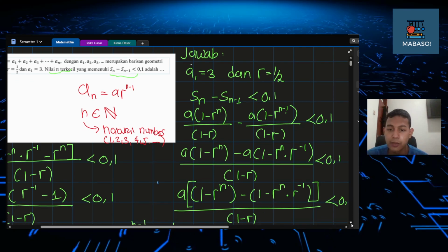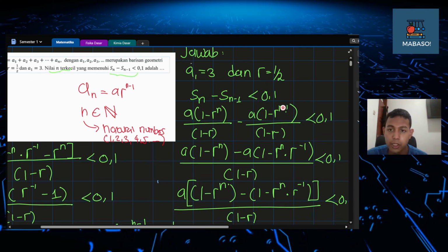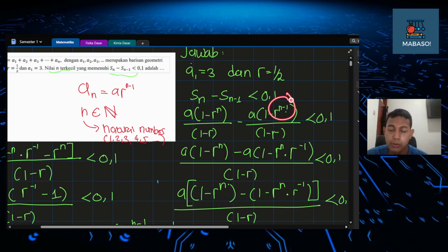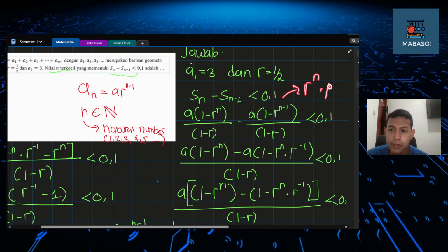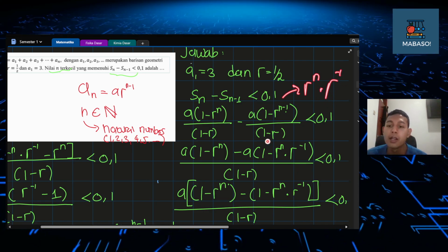We can do a little bit of algebra here. We can separate this into r to the power of n times r to the power of minus 1.